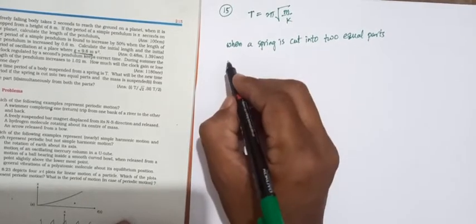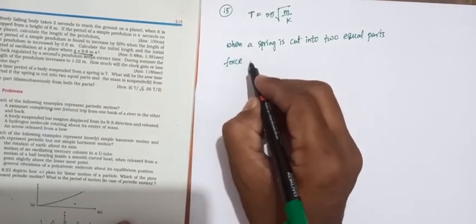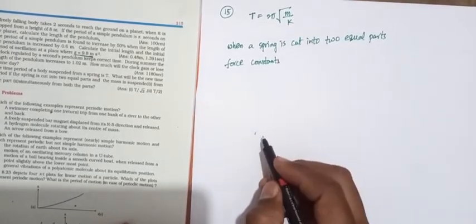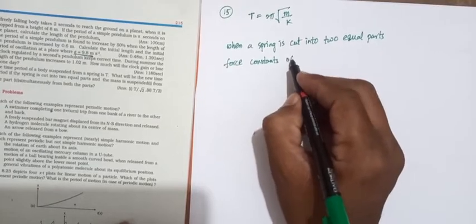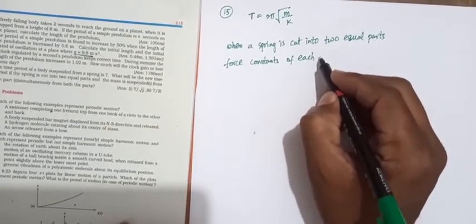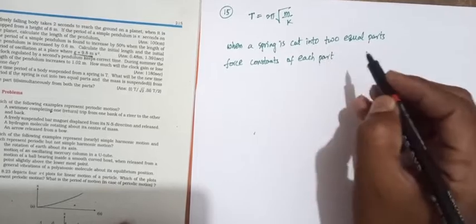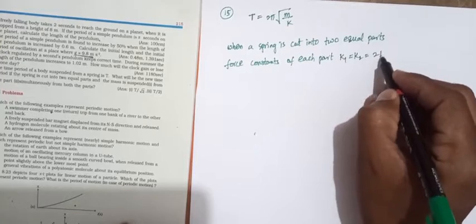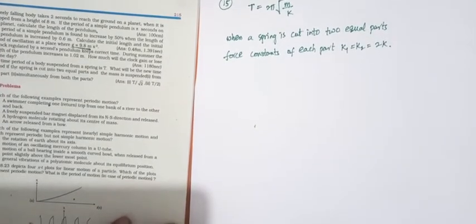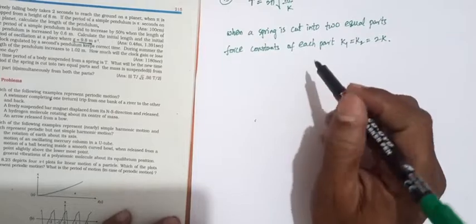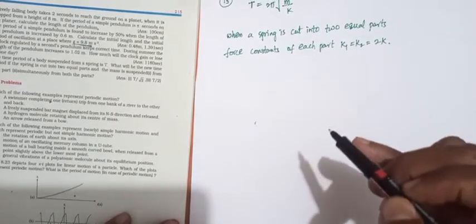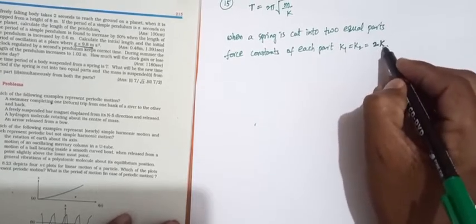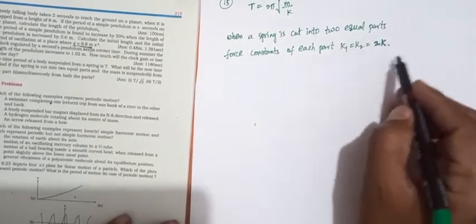What is the force constant of each part? K1, that is K2, equals 2K. Because the spring is cut into two parts, each part has twice the force constant, so 2K.